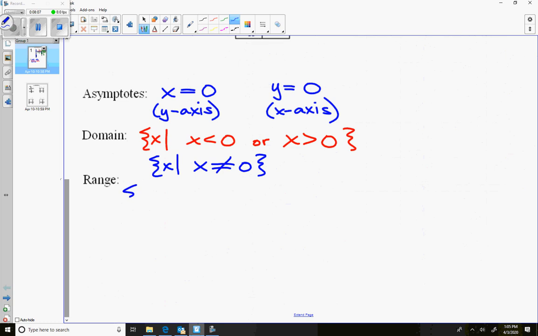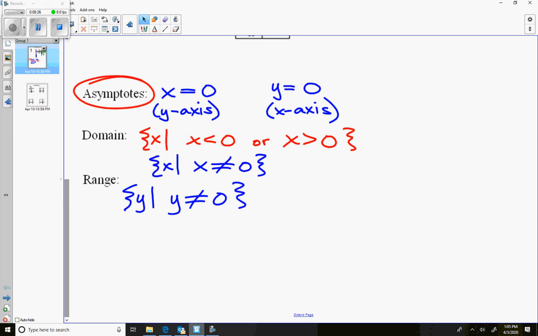The range is the set of all y's such that y does not equal 0. Now, it's important that you recognize that your domain and range are absolutely everything except the asymptotes. So there's a nice little correlation between those two.